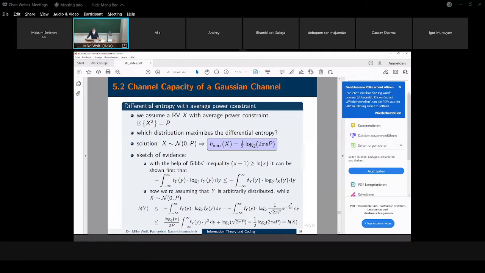And if you want to prove this, you can prove it by this upper bound, x minus 1, of the logarithm of variable x. And you know, we measure the information content by the dual logarithm. So this x basically stands for our probability density function. You can prove this equation by means of this approach.